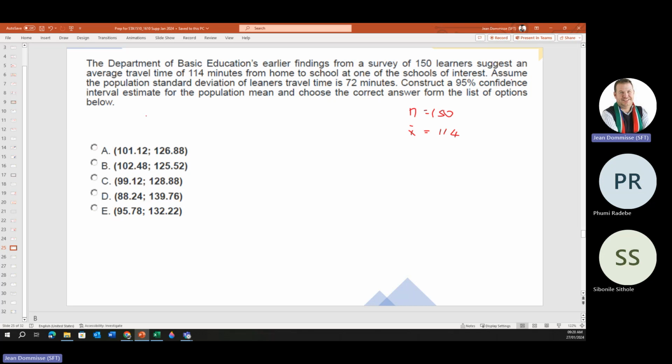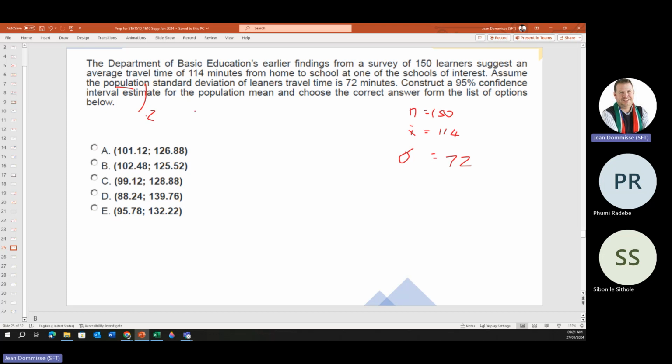Assume the population standard deviation of learners' time is 72. So with population standard deviation, we can work with a Z.